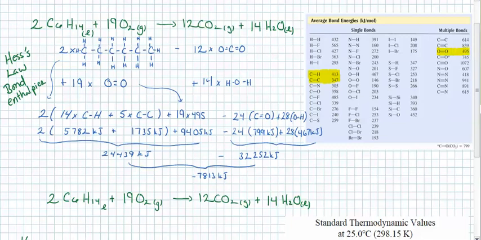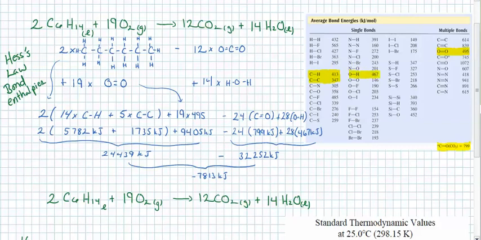And then on the other side, you have CO2, which ends up being 24 CO bonds. As you can see, this gets pretty complex pretty quickly. And then 28 OH bonds.